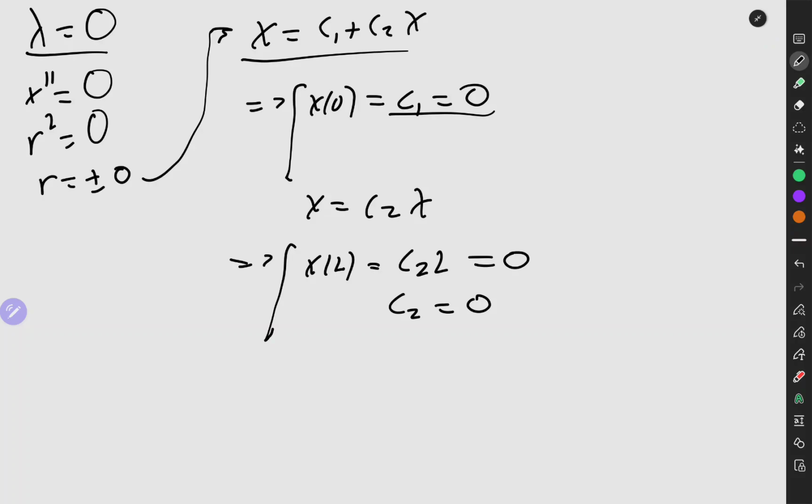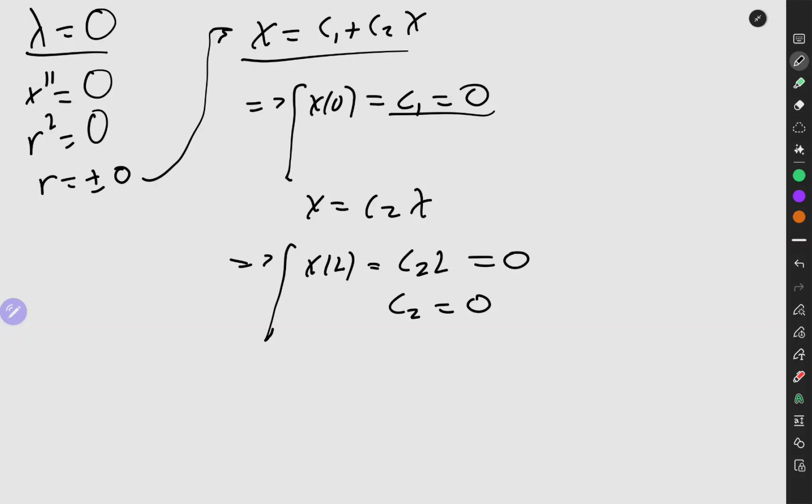Because say the length is, I don't know, 5. You can have 5 times a constant. That's just a value, and that's just going to be equal to 0. If that makes sense. So that means C2 is going to be 0.